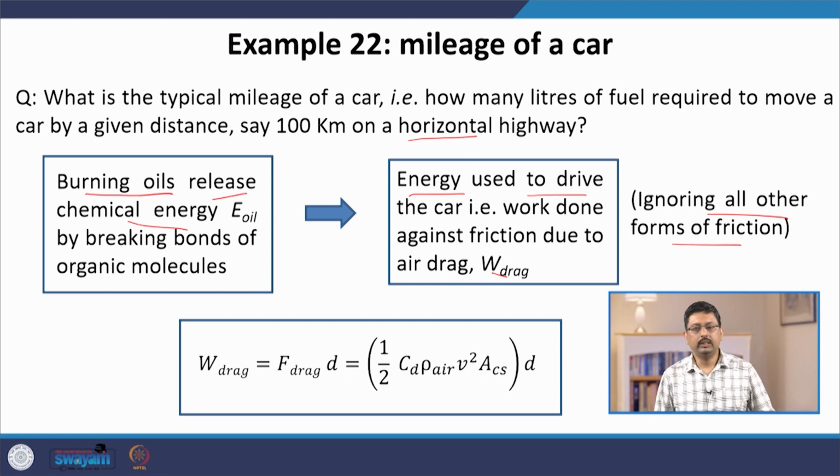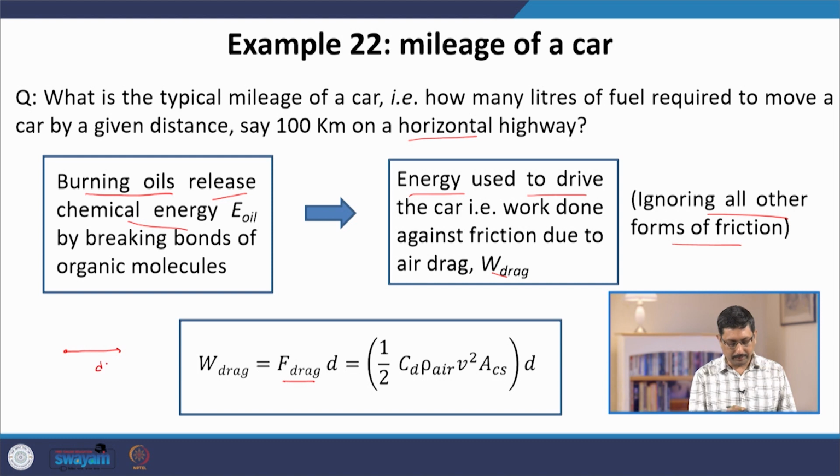Now, if you remember, suppose the force due to drag is F drag and the car moves a distance d on the highway, then the magnitude of the work done against this force, by the definition of work, is F drag times the distance by which the car moves. So, F drag times d.